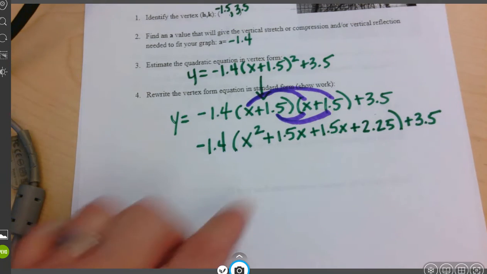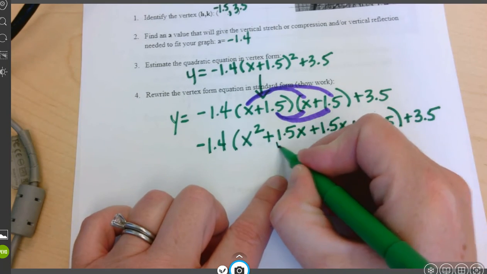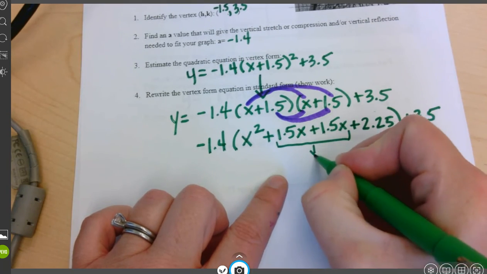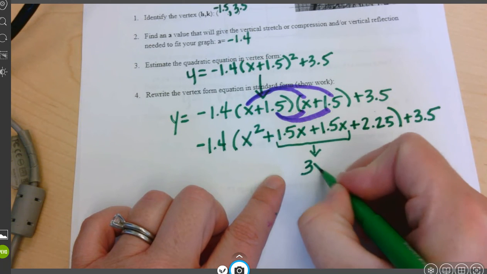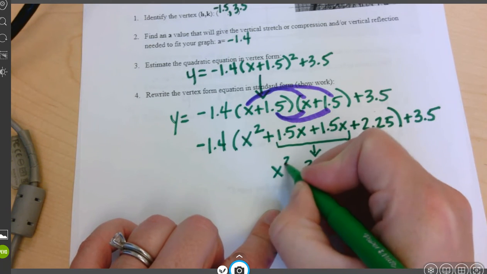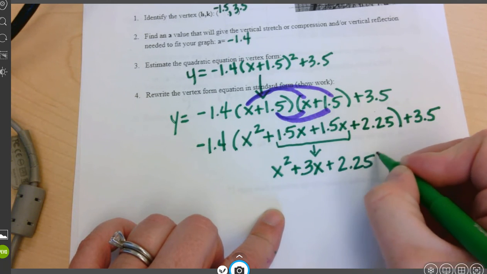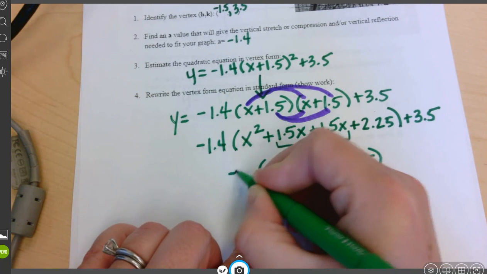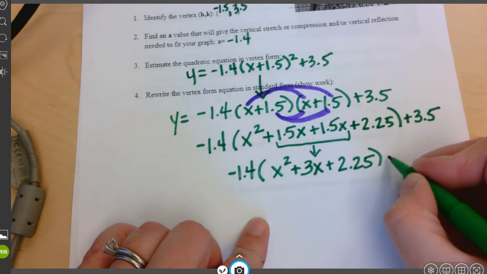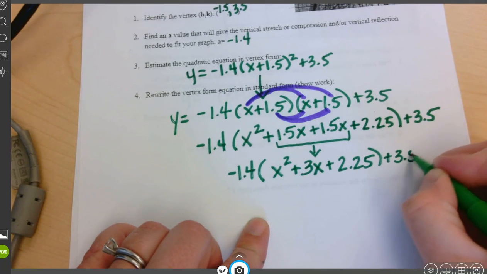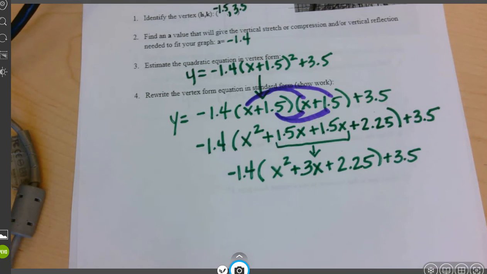All right, so I'm going to combine these two together. And that gets me a 3x. All right, so we combine the like terms.